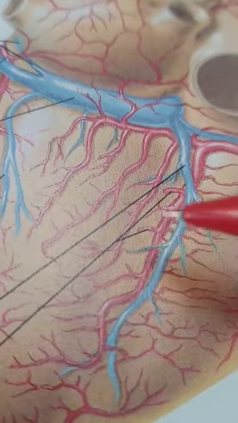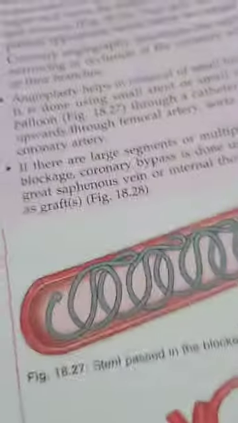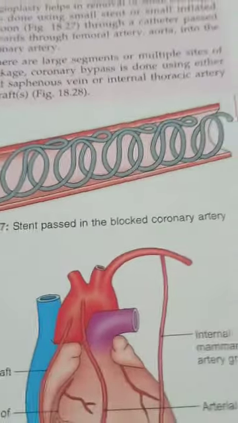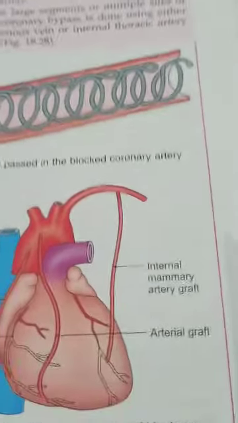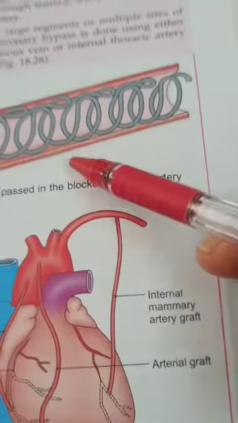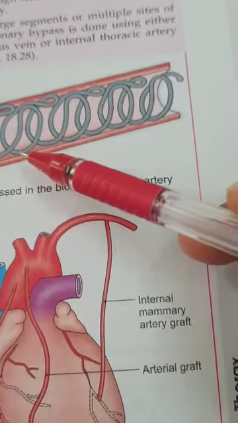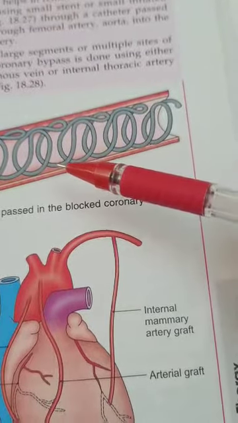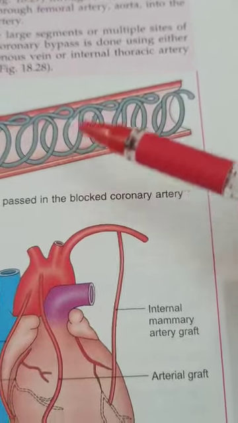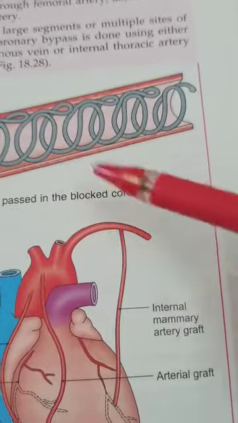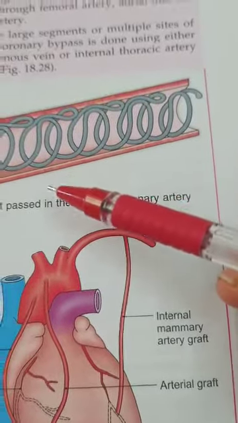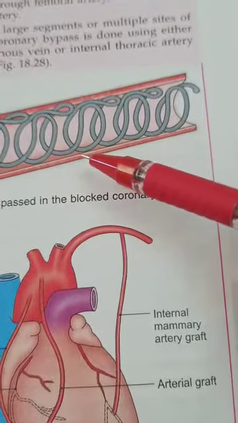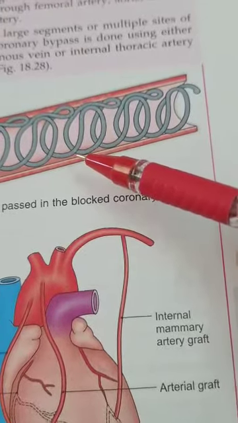Then this is the picture. Here we can see the coronary artery. If there is any block in the coronary arteries or any of their branches, by taking an angiogram we can make it out.